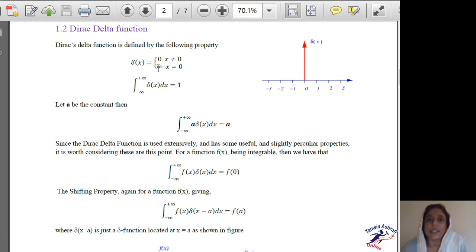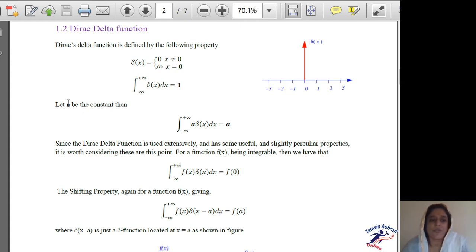Therefore, when we integrate on the x-axis from minus infinity to plus infinity, the Dirac delta function dx comes out to be 1, since it exists at a single point on the x-axis. We will see some of its properties.